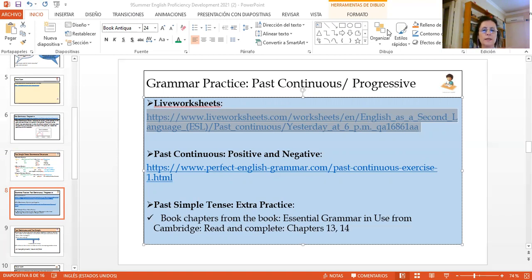So for example, what were you doing yesterday at 6 p.m.? We have: Jane sent a text message to her cousin. So we have to select the correct answer. Which is the correct one?